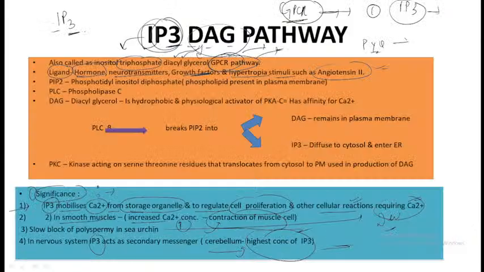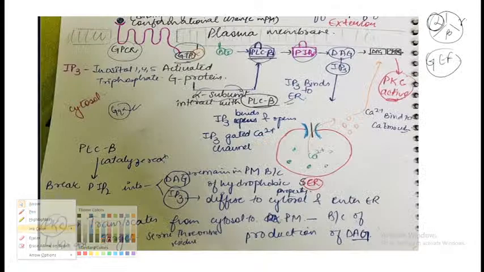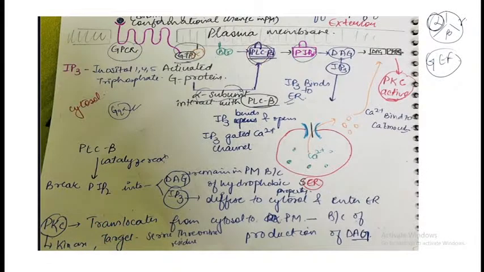So what is PLC? PLC stands for phospholipase C. So now what happens? This phospholipase C beta, PLC beta, would be activating the PIP2. So this PIP2 would now segregate into DAG and the IP3. That means DAG is diacylglycerol and IP3 is inositol triphosphate.